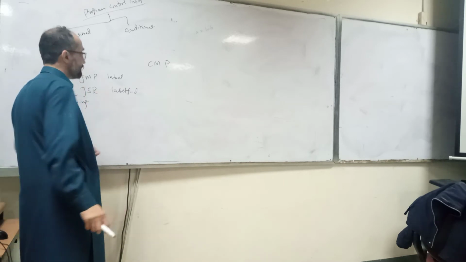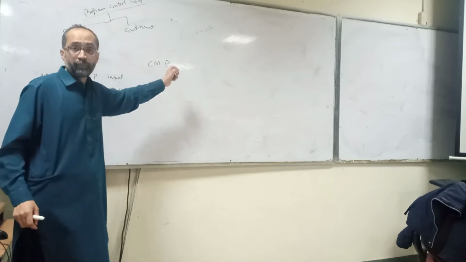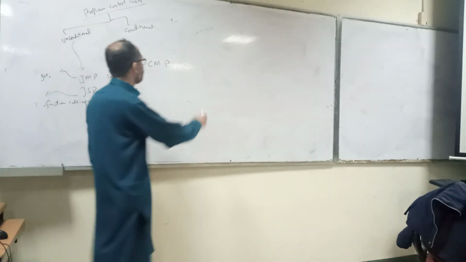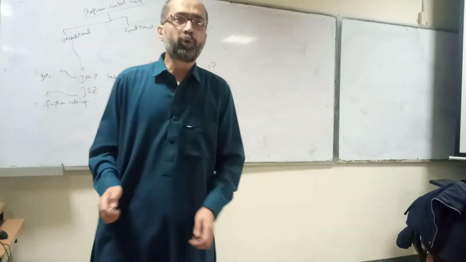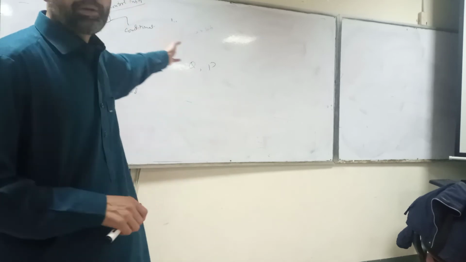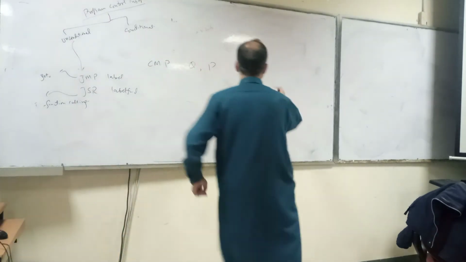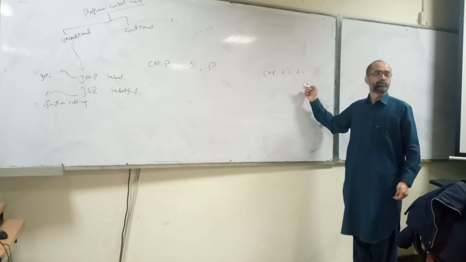And JSR is actually function calling in C++. Now in conditional instructions we have compare, and for compare we have two fields, Q and P. Q and P may be defined by any addressing mode. If we write compare R3 and R4, which addressing mode are we using?